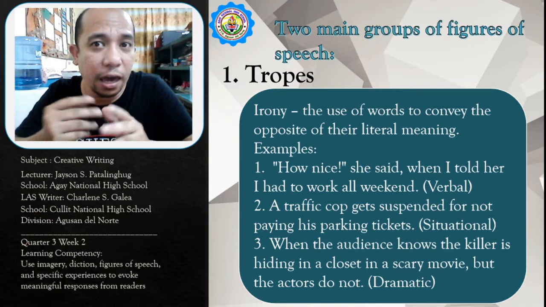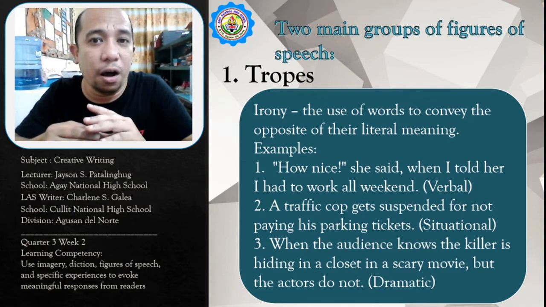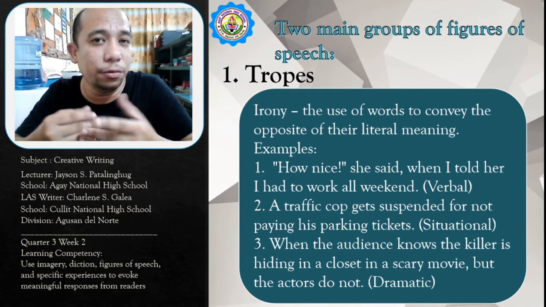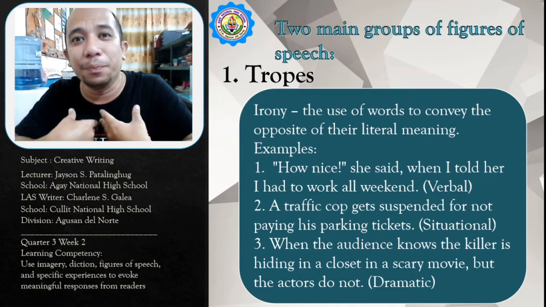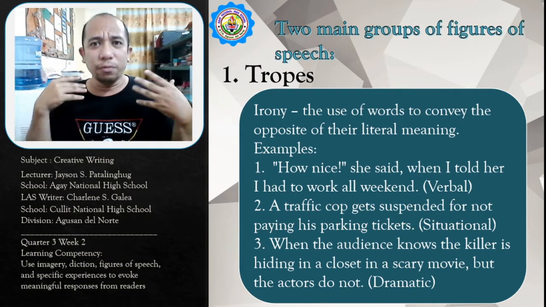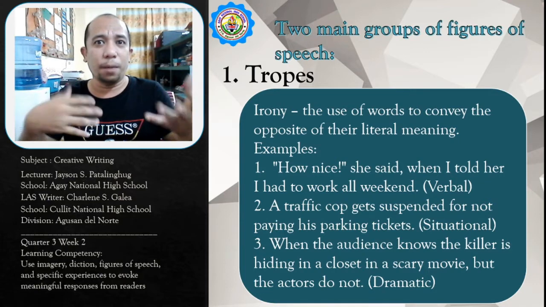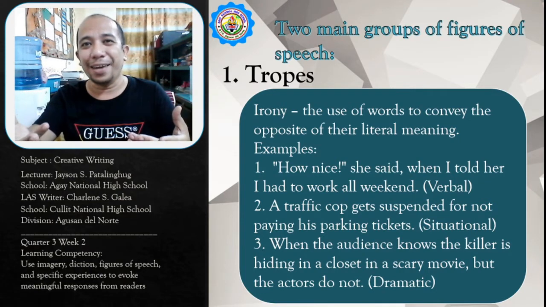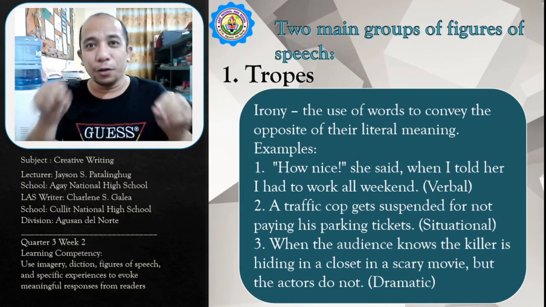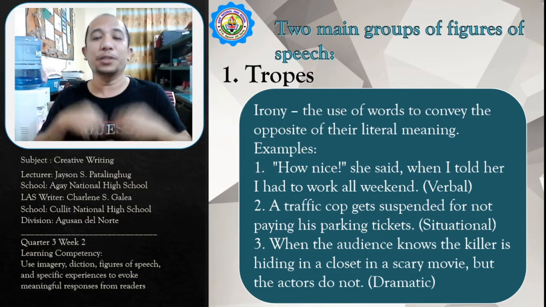So there's an opposite. It's opposite to what you would expect, because the audience knows the killer is hiding in the closet, but the actors don't know where the killer is. So it's opposite for the audience because the audience knows.